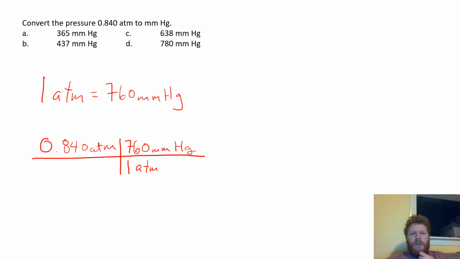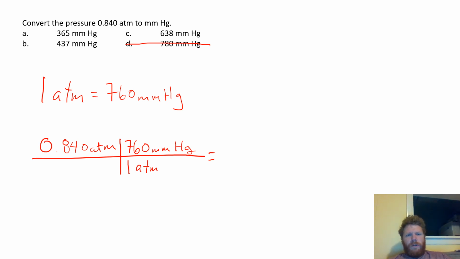Well, essentially this is 0.840 times 760, which we could look at as 84%. So 84% of 760, well, it's going to be less than 760, so we can cancel out D. 437 divided by 760, drawing a relationship between those numbers, you know that this is close to half.